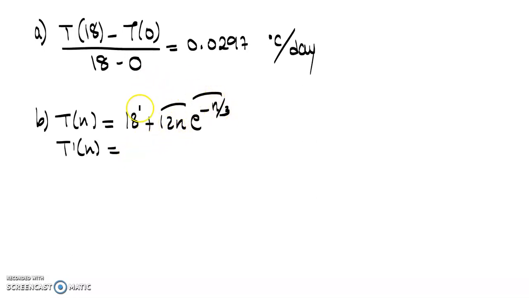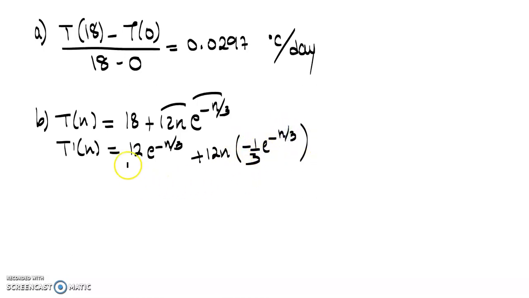So u prime v plus v prime u, so that would in fact be: the derivative of 12n is 12 times v, which is e to the negative n over 3, plus v prime times u. So it's u, which is 12n, times the derivative of e to the negative n over 3, which in this case is negative 1/3 e to the negative n over 3.